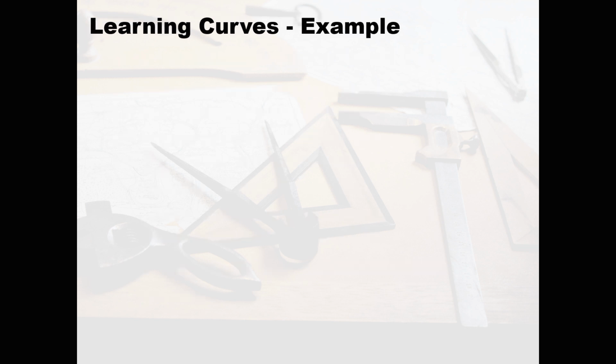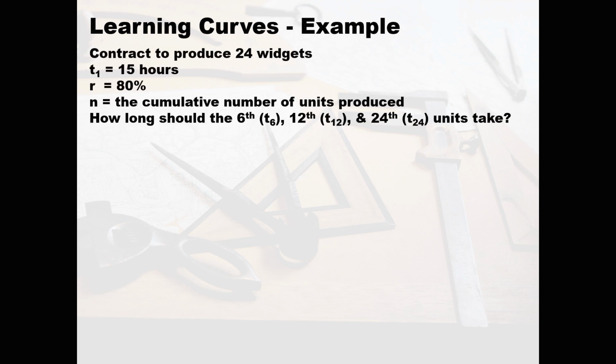Okay, so let's look at an example. Company Widget X has been hired to build custom 24 widgets. It's been estimated that the time to build widget 1 is 15 hours, and that the learning curve is 80%.